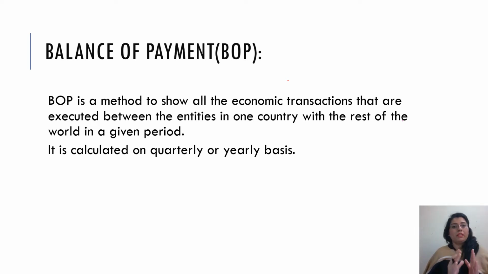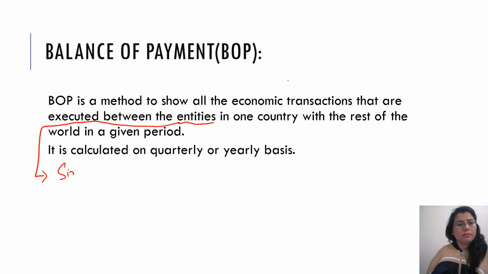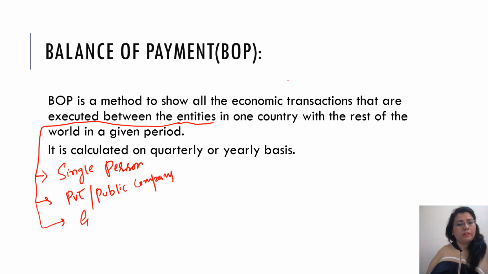So, balance of payment. What is balance of payment? Balance of payment is a method to show all the economic transactions that are executed between the entities in one country with the rest of the world in a given period. It is calculated on a quarterly basis, or on a yearly basis. The word entity or entities means it can be a single person, it can be a private or public company or companies, it can be a government body.